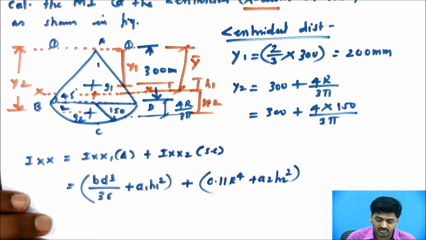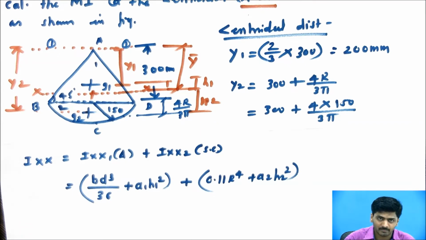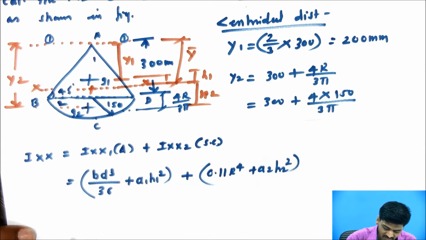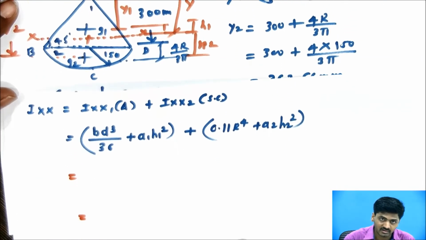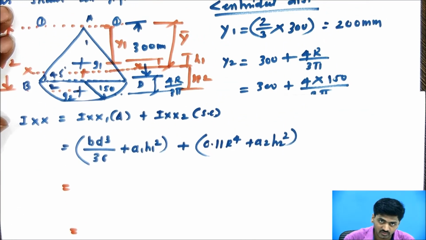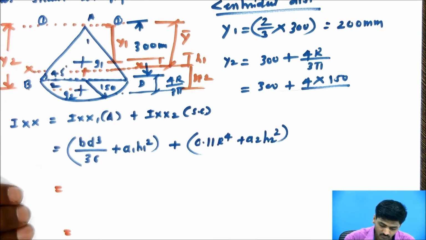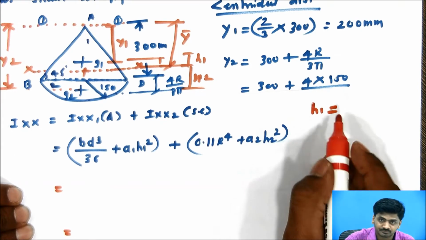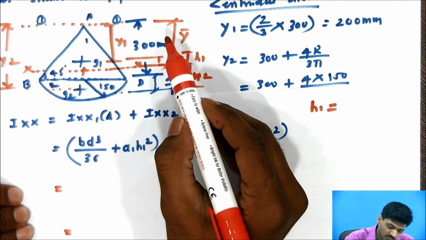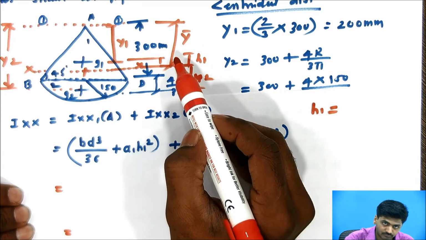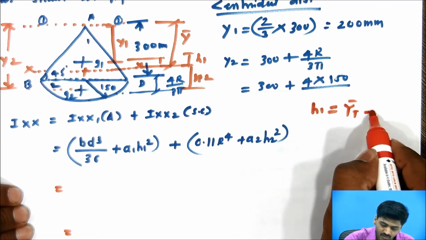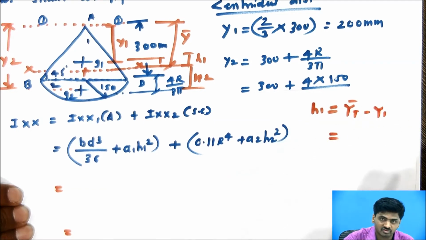So how to calculate h1 and h2? It's very simple. Let's identify h1 first. h1 is equal to y bar from top minus y1; you will get the value of h1.